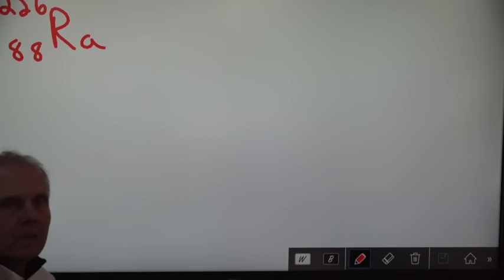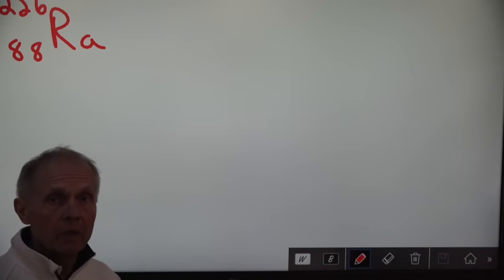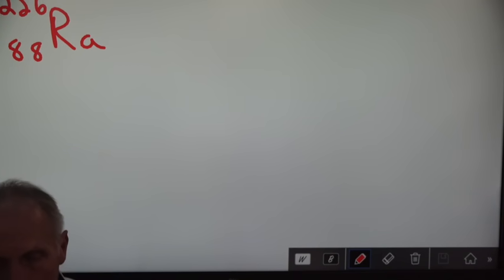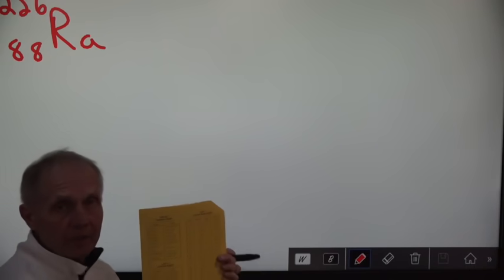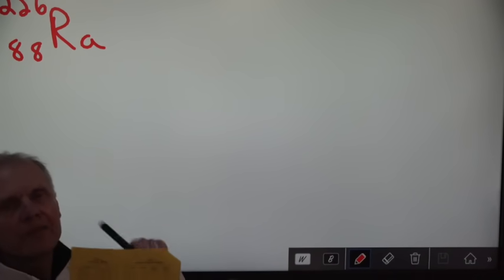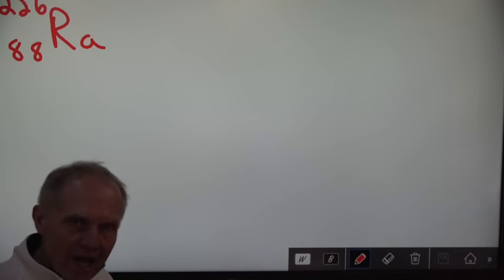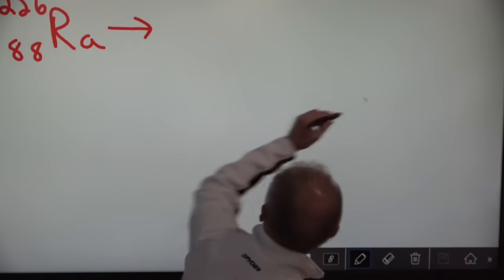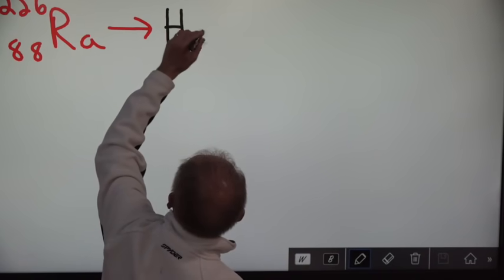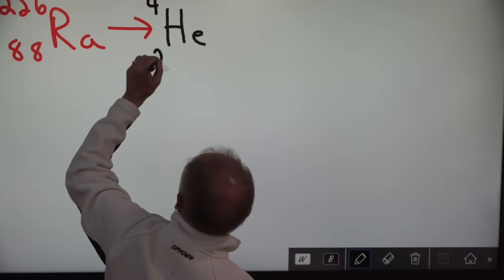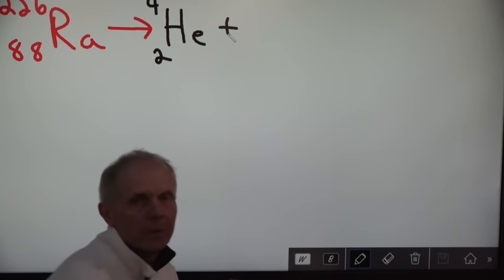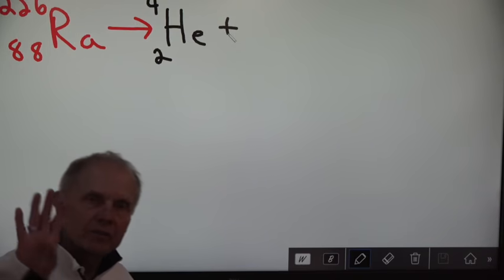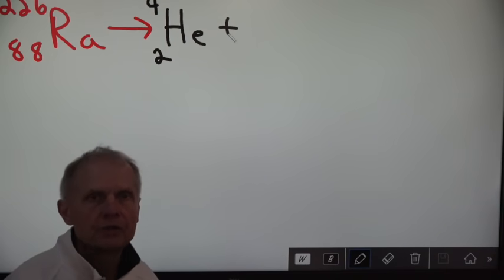Okay, so this is the next alpha decay we're going to go, and if you look on this reference table N, it says that radium is an alpha emitter. So any alpha emitter, poof, coughs up an alpha particle. And remember, if it's an alpha emitter, mass goes down 4, atomic number goes down 2.